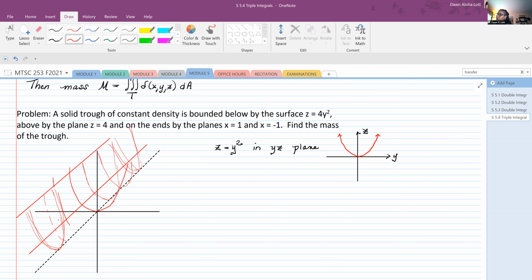So this is the darker side. And that's the inside over here.